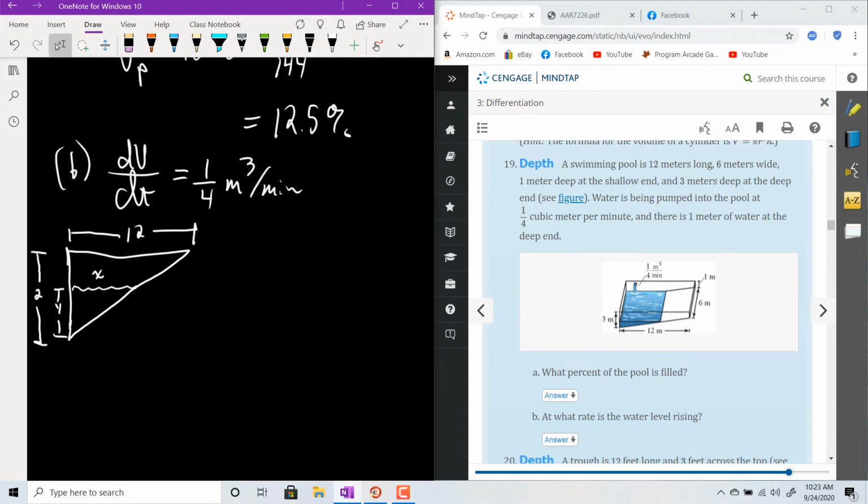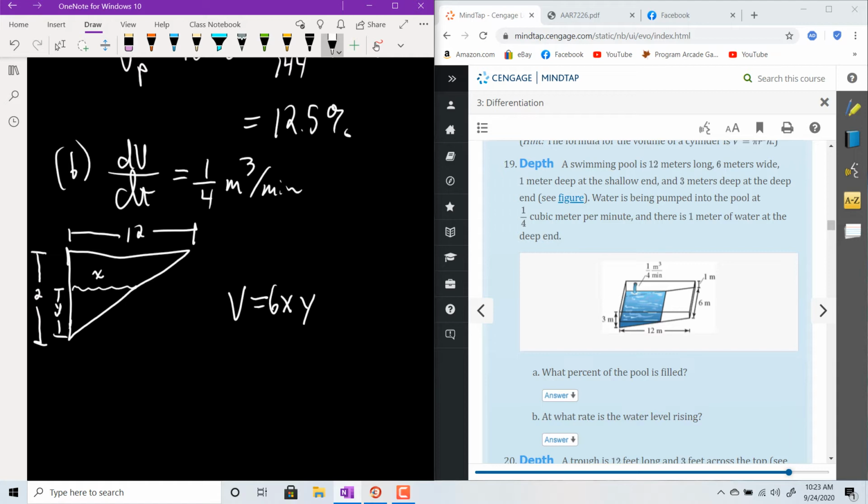As it sits, the volume of the water in the pool will always be, using these variables, x times y times 6, 6xy. But we want it in terms of just one variable, so we want to eliminate x and have it in terms of depth. Ultimately, it's maybe not even the change in volume we're after, it's the change in depth.